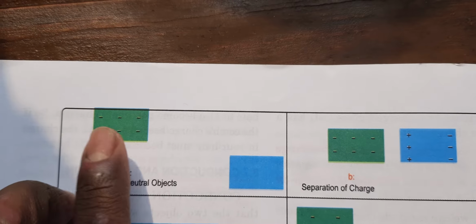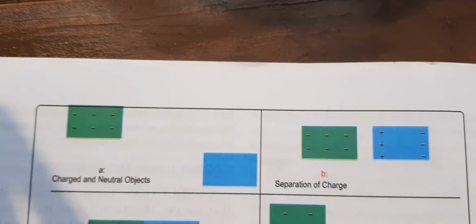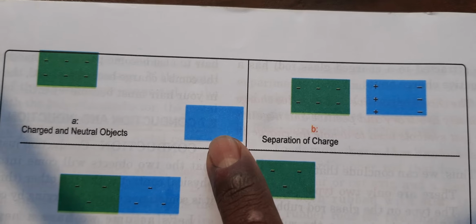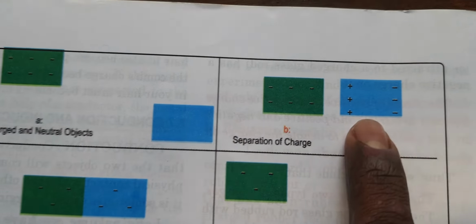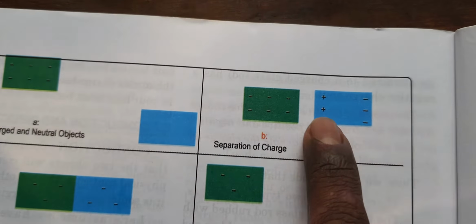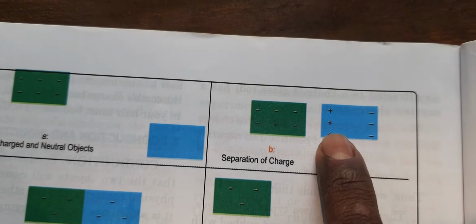So in this particular body, this side of the body has negative charge. So when this negative charge comes near this body, which also has negative and positive charges mixed, what happens is the negative charge pulls all the positive charge towards itself. So this end of this body, which was initially uncharged, now gets positive charge.